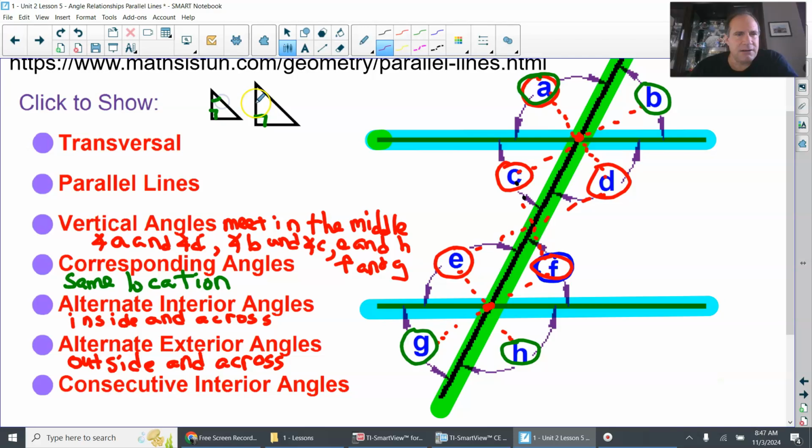This angle right here would equal this one because they are corresponding angles in the same location if they're similar figures. All right. And then this angle here, I'm going to put two arcs, is equal to this angle because they are corresponding angles. Corresponding angles are equal to each other, and they are in the same location. This is the same thing, same location.